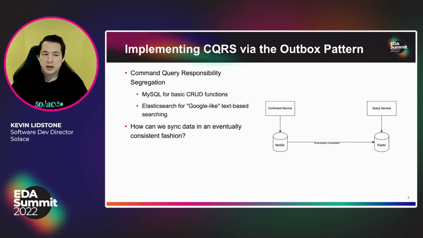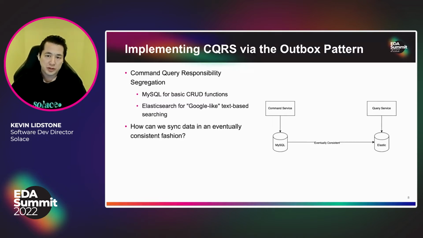or vice versa. In our specific case, why we chose to use CQRS is because for our command service, we want to use a MySQL database, because for the commands we have the basic CRUD operations, and we want a relational database to store this data, which is very relational in nature. But for searching, we want a Google-like search, which isn't something that MySQL is good at.